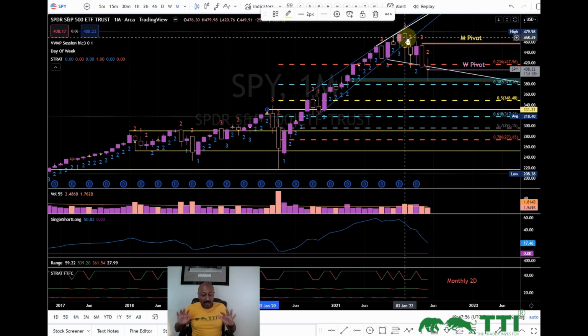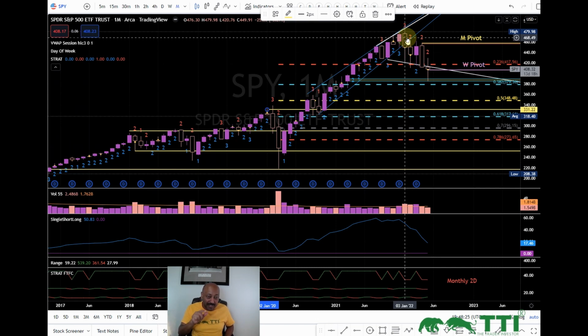So in your homework, do not worry about entry. Your homework is draw zigzags, draw support and resistance. And I encourage you to take notes so that if I ask you why this support line is important, you don't have to think about it on the spot. Just take notes. It will help you understand.